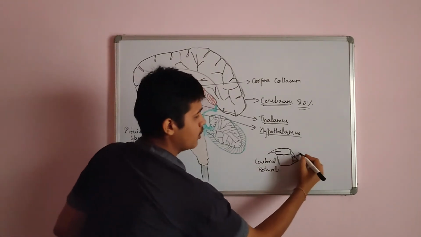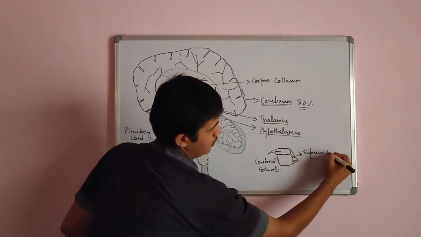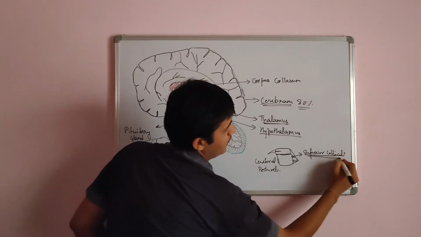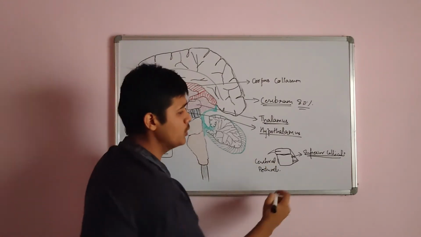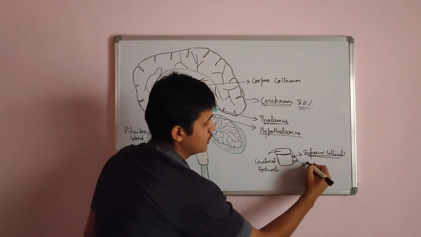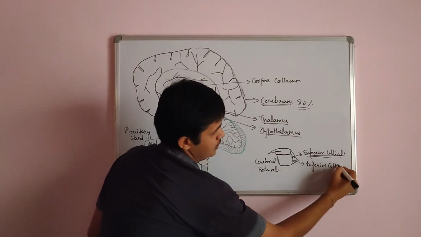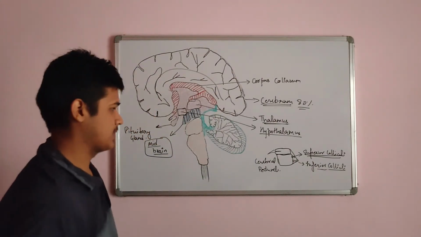The upper two circles we call the superior colliculi, and they take part in our visual processing. The lower two circles are the inferior colliculi, which control our auditory reflexes.